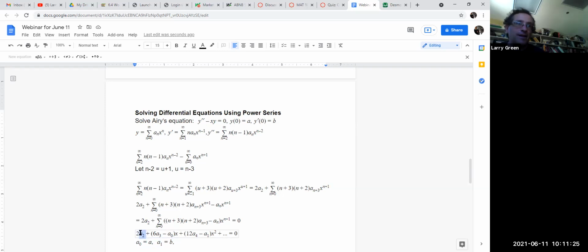So this coefficient must be 0. That means a2 is 0. Here, this one must be 0. But a0 is A, so that means that a3 is A over 6.